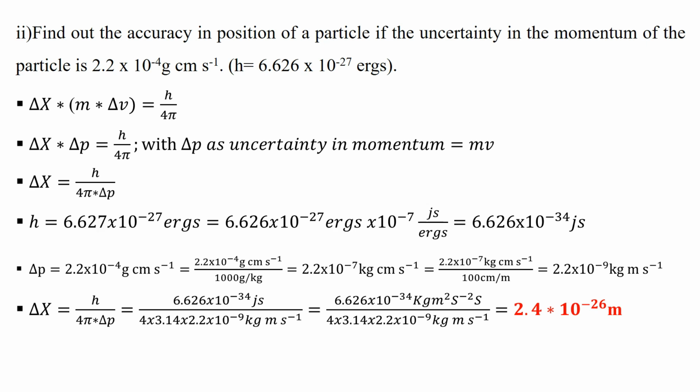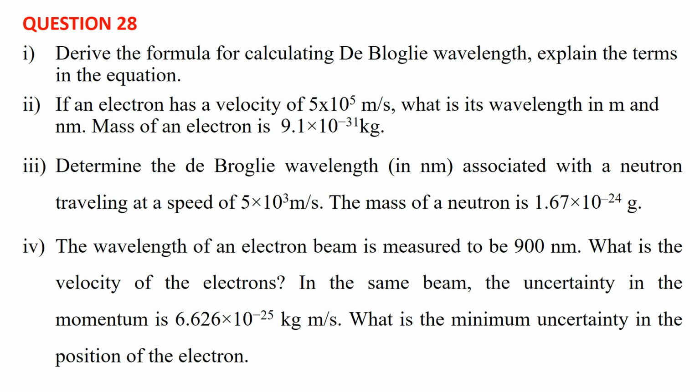Then you obtain 2.2 times 10 power negative 9 kilogram meter second minus 1 as the momentum. Then to calculate the uncertainty in position, delta x, which is equal to h divided by 4π times the momentum, we replace the values and get the change in position equal to 2.4 times 10 power negative 26 meter.